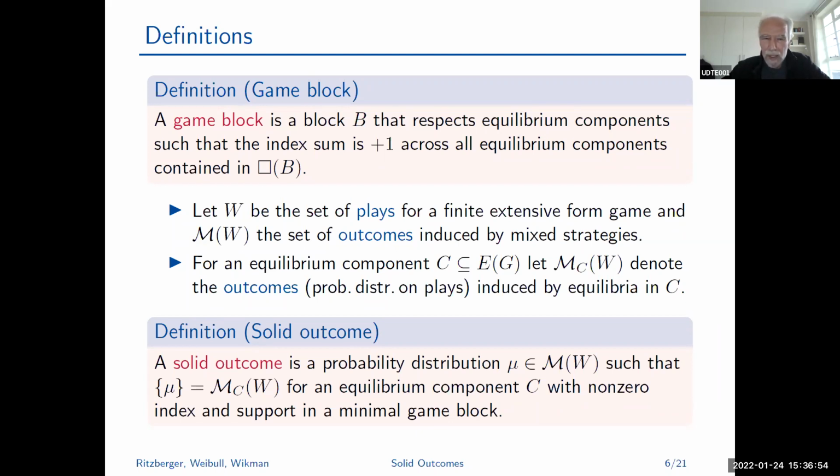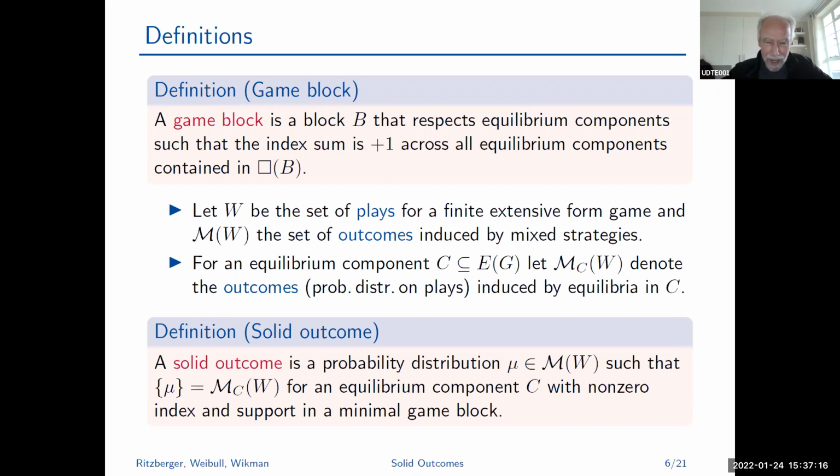Now, of course, there's a trivial generalization of this definition. It says a set of solid outcomes is the set of outcomes induced by the equilibria in a non-zero index component with support in a minimal game block.